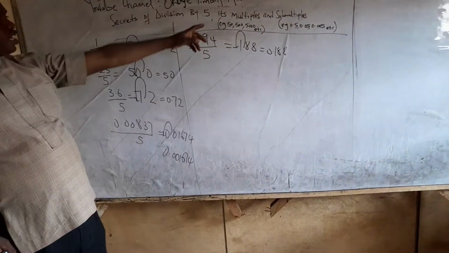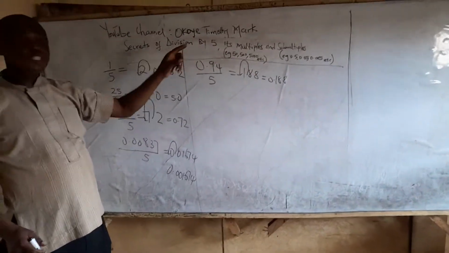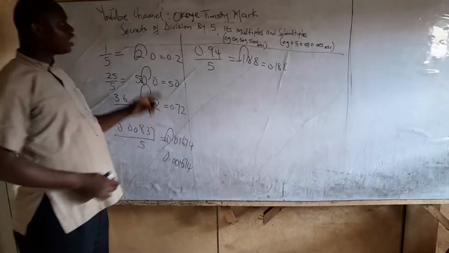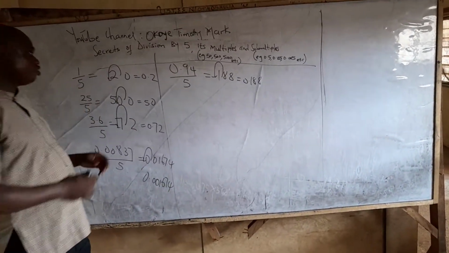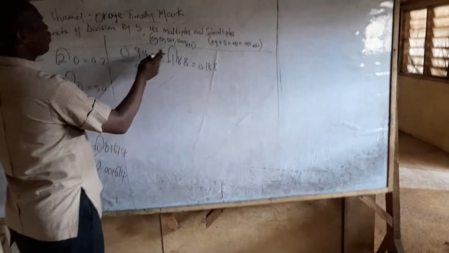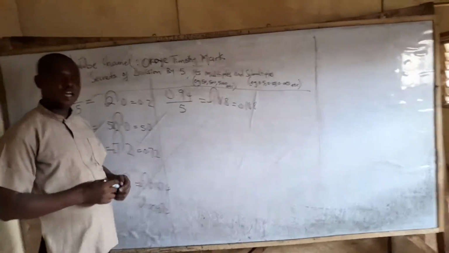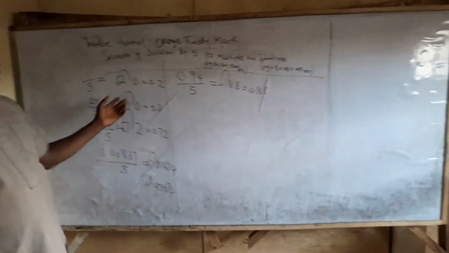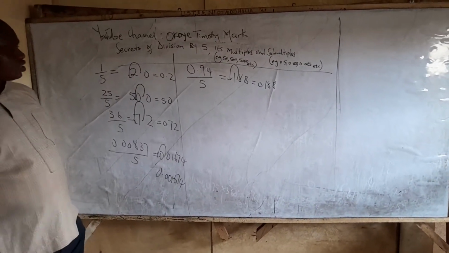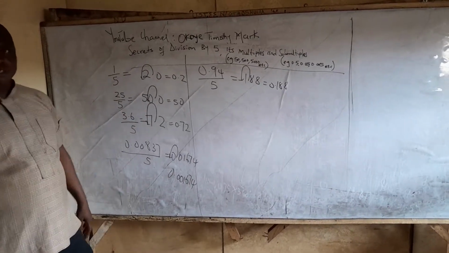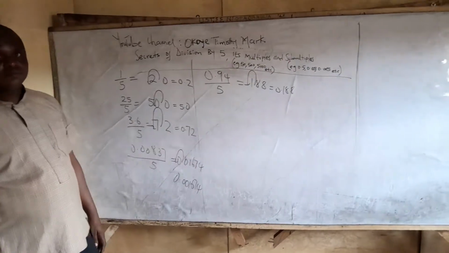If it is by 50, which now has 2 digits, I'll shift it 2 decimal steps backward after doubling the number. 500 has 3 digits, I'll shift it 3 steps backward after doubling the number. 5,000 has 4 digits, I'll shift it 4 decimal places backward after doubling the number.